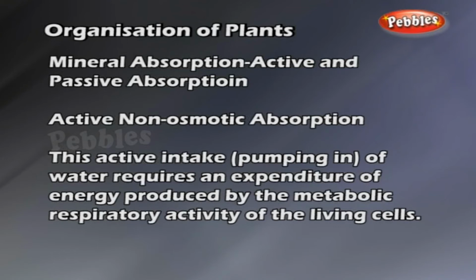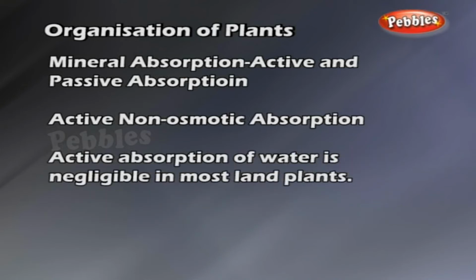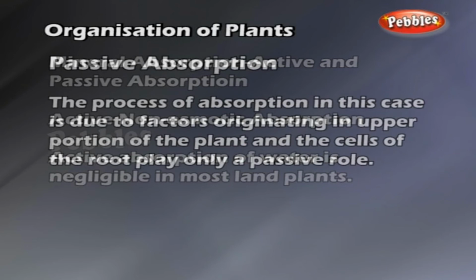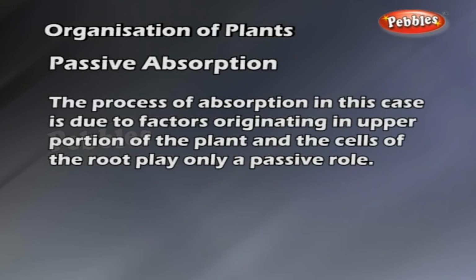This active intake, pumping in, of water requires an expenditure of energy produced by the metabolic respiratory activity of the living cells. Active absorption of water is negligible in most land plants. Passive absorption.